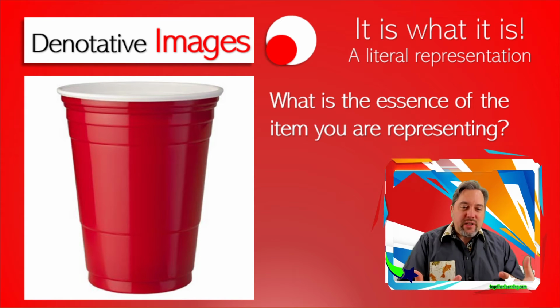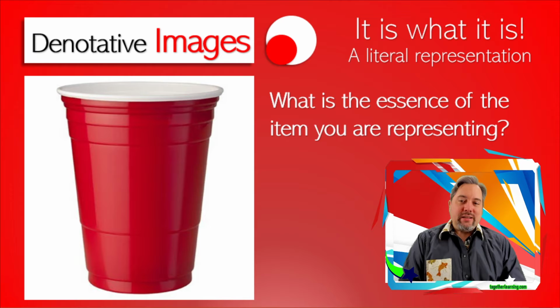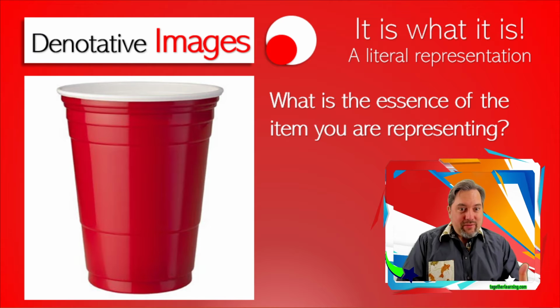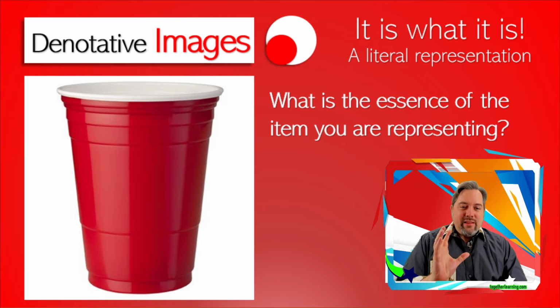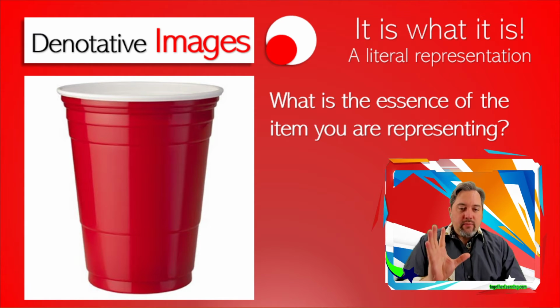Their mood is represented in their body posture, so many other things, and we pull extra meaning out of that. So it's really hard to get a denotative picture of a person. A denotative picture of a man might be a stick figure that you see before you go into the restroom. Another way to think about denotative is that it's showing the essence of that thing.